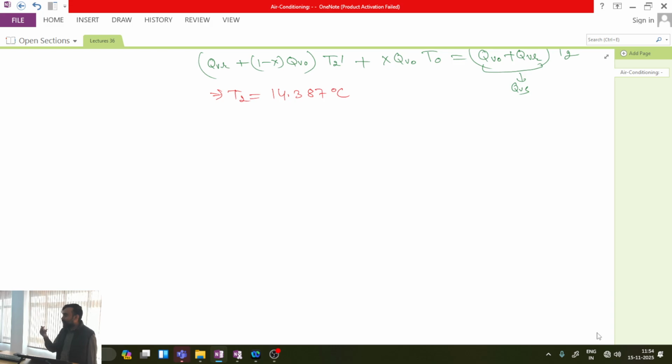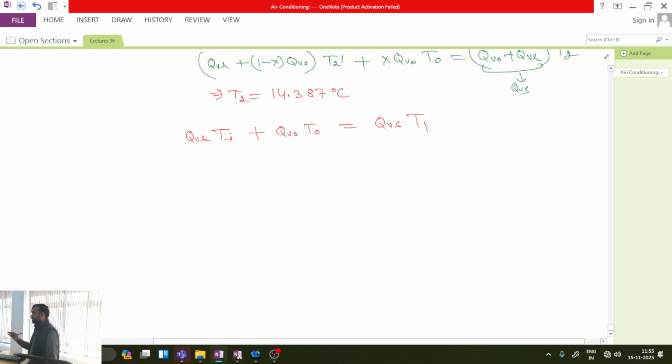At inlet of cooling coil, what is happening? QVR is coming at temperature Ti, QV naught is coming at temperature T naught. It is forming the entire thing as QVS with state 1. Is this point clear or not?